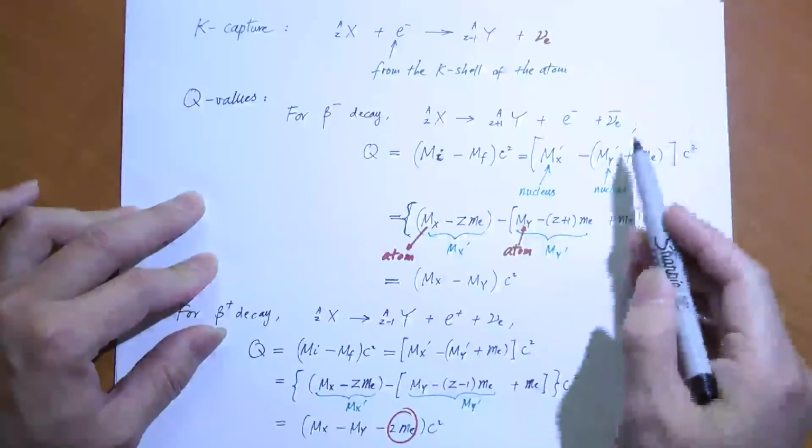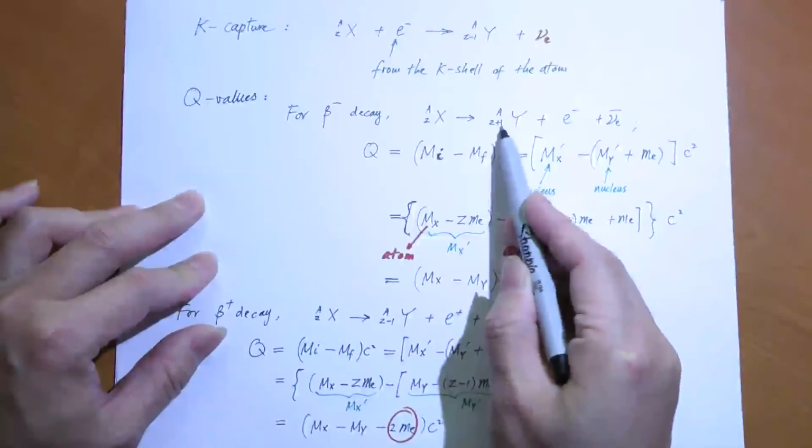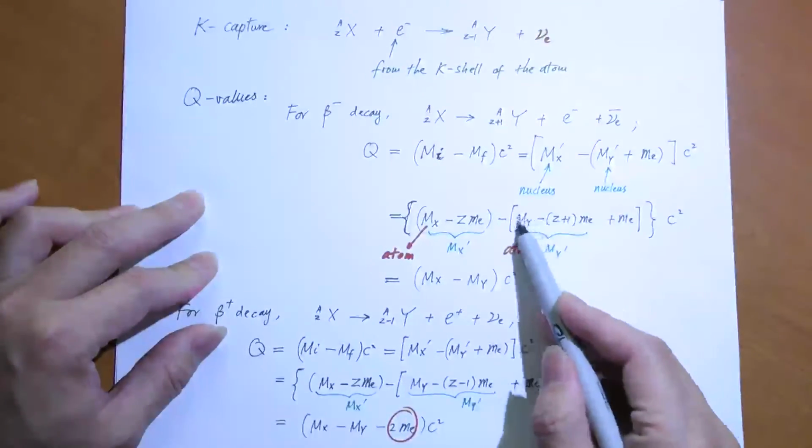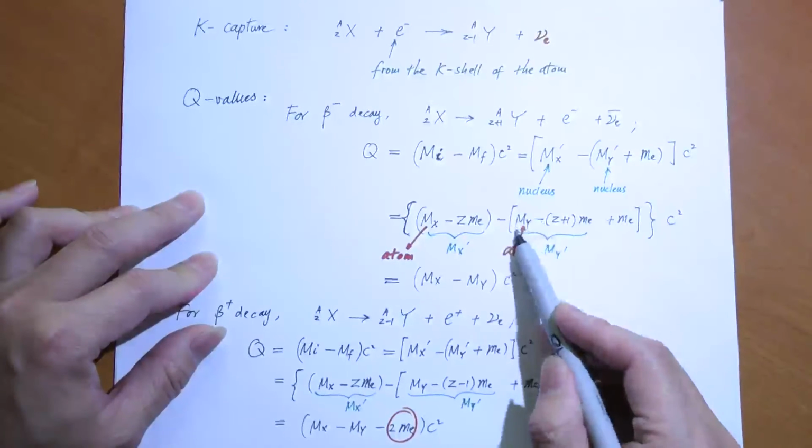mY prime, same thing. mY, it's got Z plus 1 electrons, so we have to take the atomic mass of element Y minus Z plus 1 times the electron mass. The electron masses cancel out.